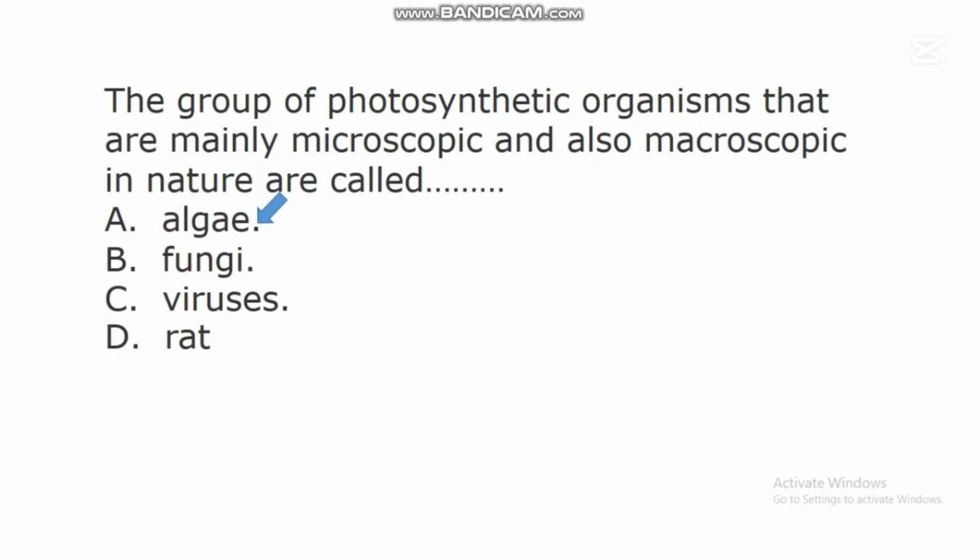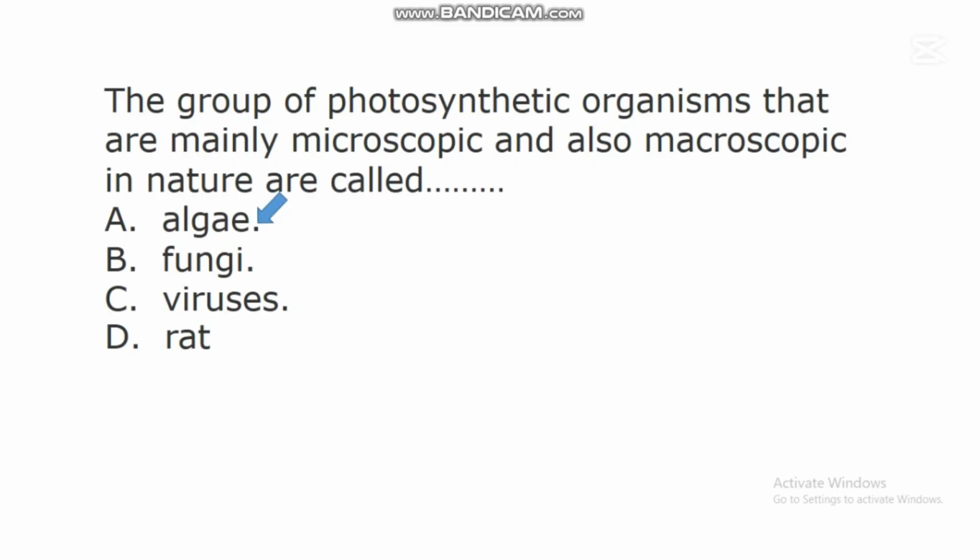Algae. Algae are a group of photosynthetic organisms that are mainly microscopic in size, but studies have shown that there are some algae that can also be seen without the use of a microscope. So these organisms called algae can carry out photosynthesis, but a lot of them require the use of a microscope for an individual to see them.